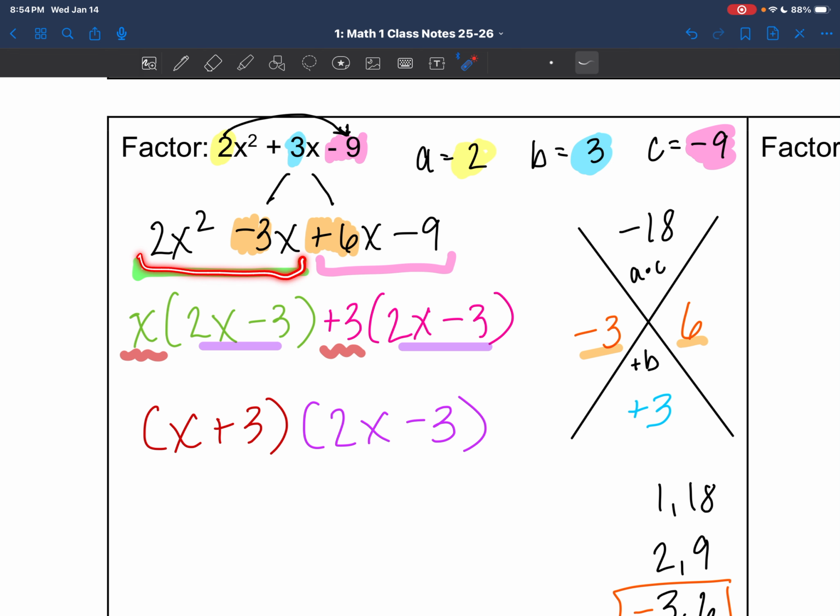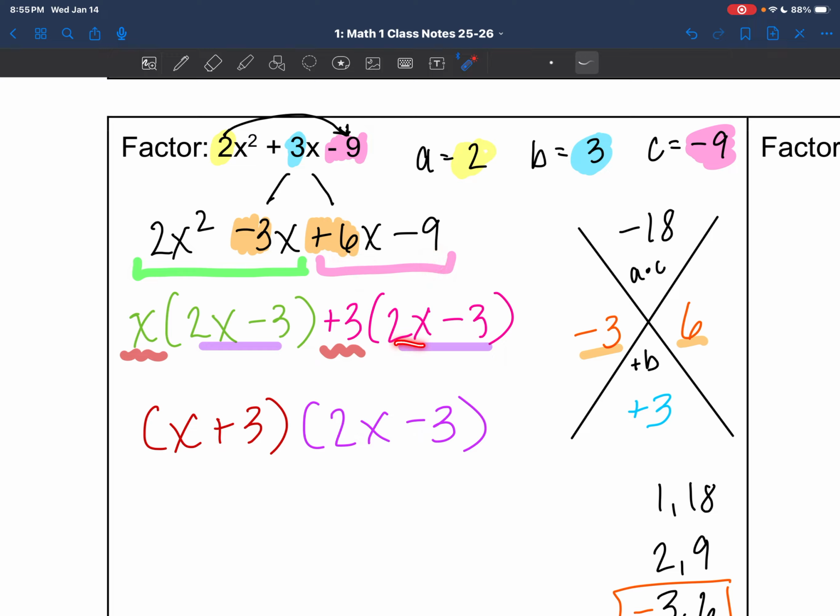So let's look at this section. In this case, the GCF would be x. So if you divide this by x, you get 2x. Remember, GCF goes outside, leftovers go inside. And then now let's come over here. The GCF here is 3. So 3 goes outside, and you divide each term by 3.